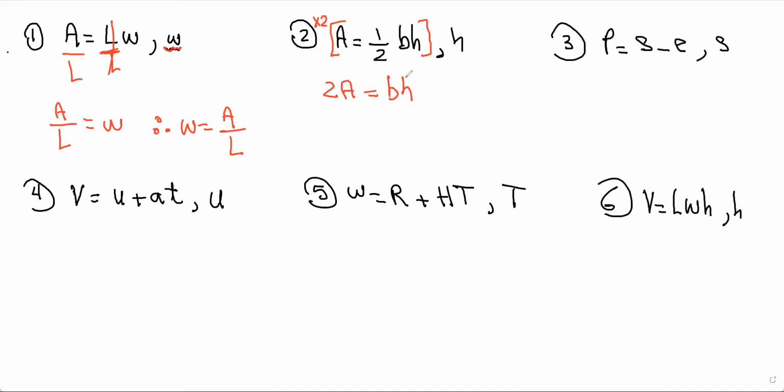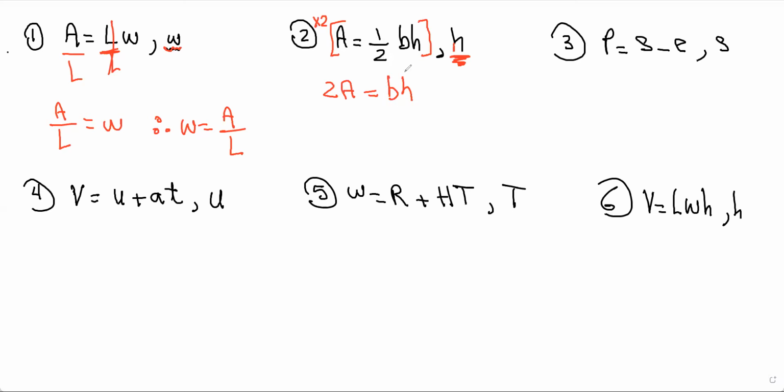So, with all these equations, I'm writing the equation, and the comma H, I'm just writing because I want you to solve for H. This is the variable that I want you to solve for in this equation. To solve for H, the first thing I do is multiply this whole equation by 2. 2 times A will give me 2A. 2 times half BH, 2 times half gives me 1, so I'm just left with BH.